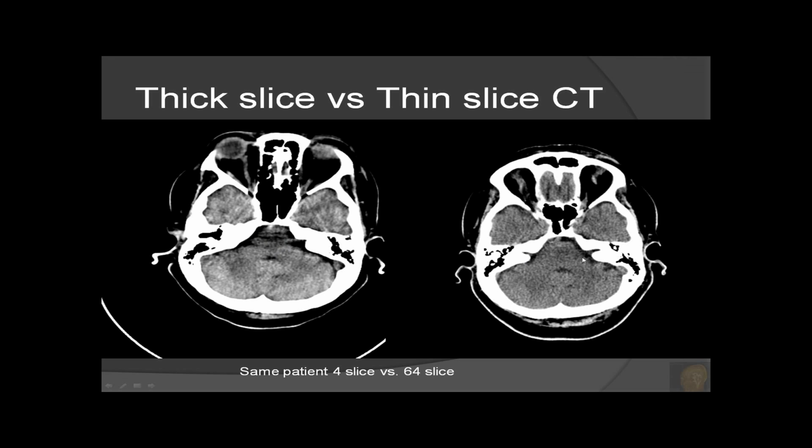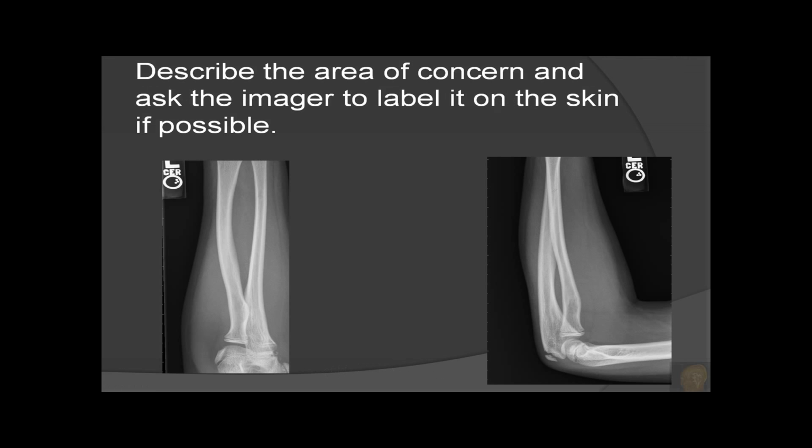Now with a 64-slice CT, you can see the anatomy much better. If you see it better, that means we can evaluate whether there is pathology or not. If you don't even see it, it doesn't matter whether there is pathology or not, you just cannot see it. So that's why we also want a good quality CT study to evaluate orbital imaging.